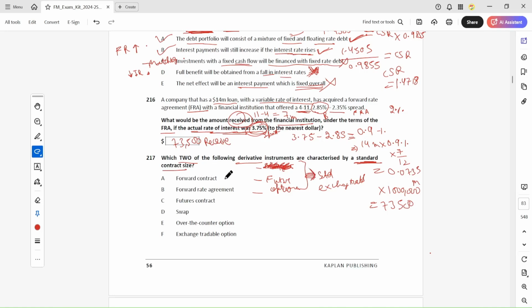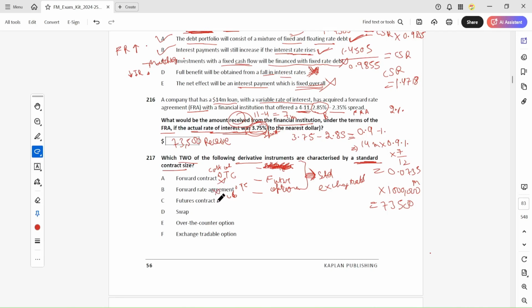So forward contract is OTC, not exchange traded. OTC is a customized contract. Forward rate agreement is also OTC, so customized contract. So this is again the wrong answer.